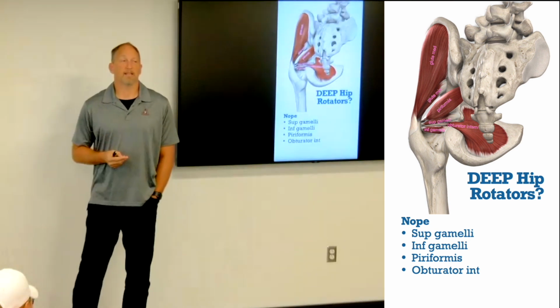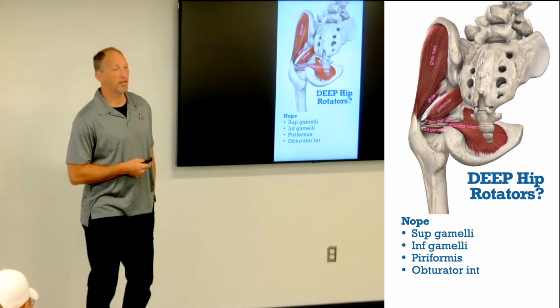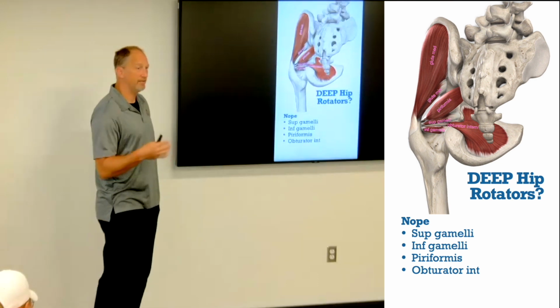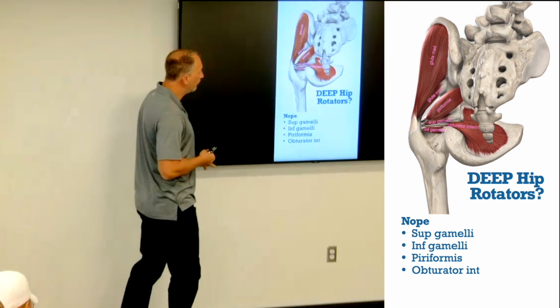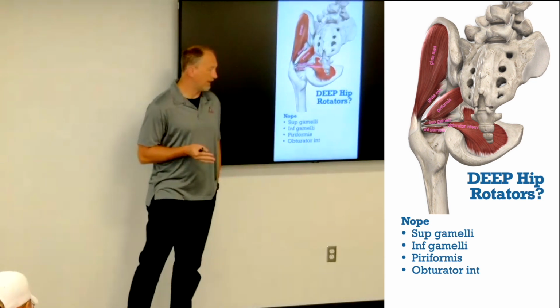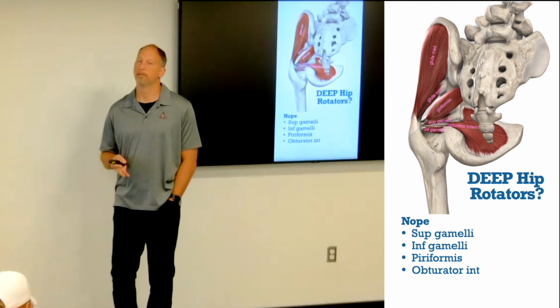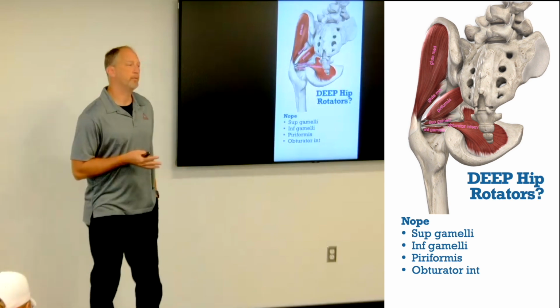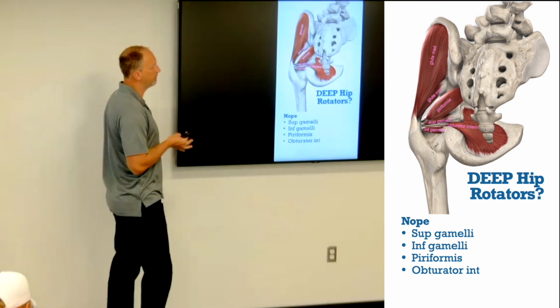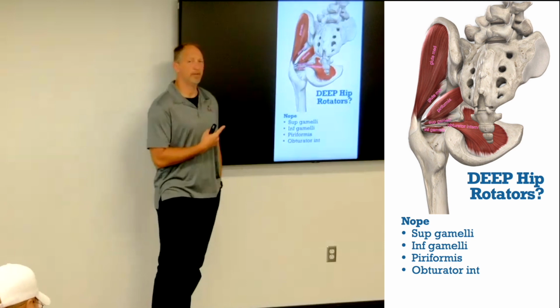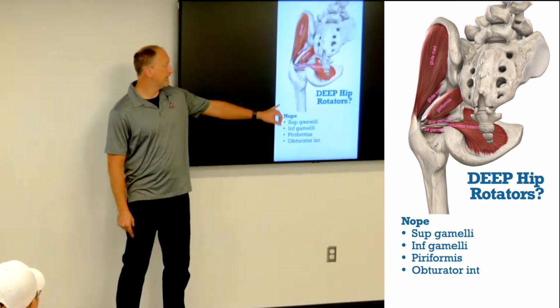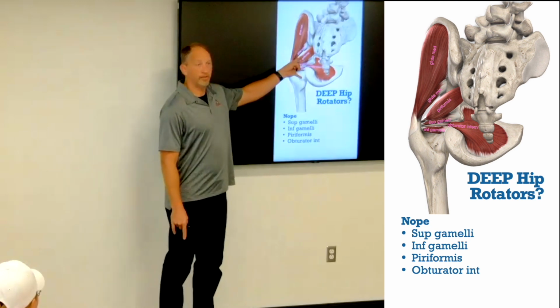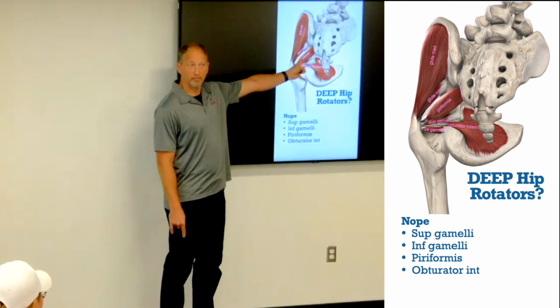They're not technically a part of this line, and the reason is just because of the orientation of their fibers. If I were to raise any questions about Anatomy Trains, this would be where I'd raise the questions, because we're not considering the deep rotators of the hip because of the direction in which they're going.